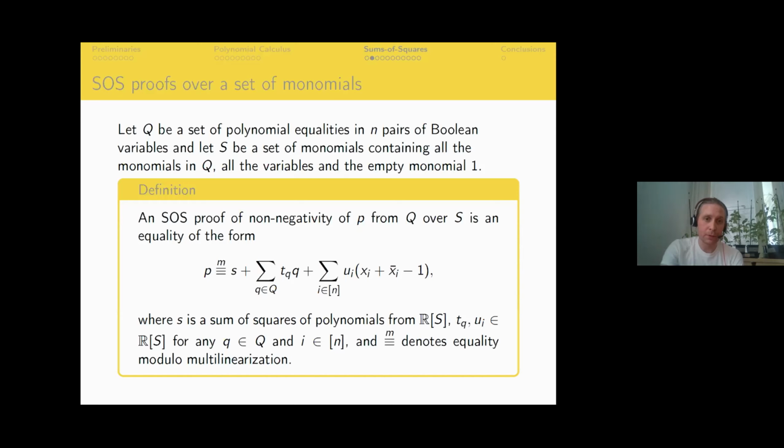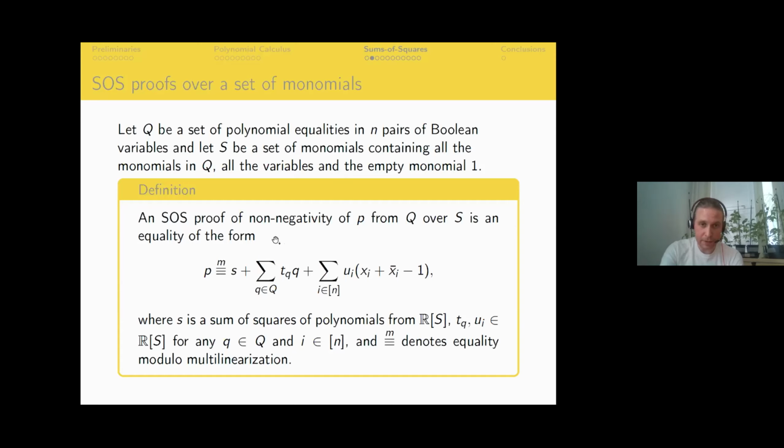Now we say that an SOS proof of non-negativity of P from Q is over a set S of monomials. Here the S should contain all the monomials in Q, all the variables, both the basic variables and their twins, and the empty monomial 1.